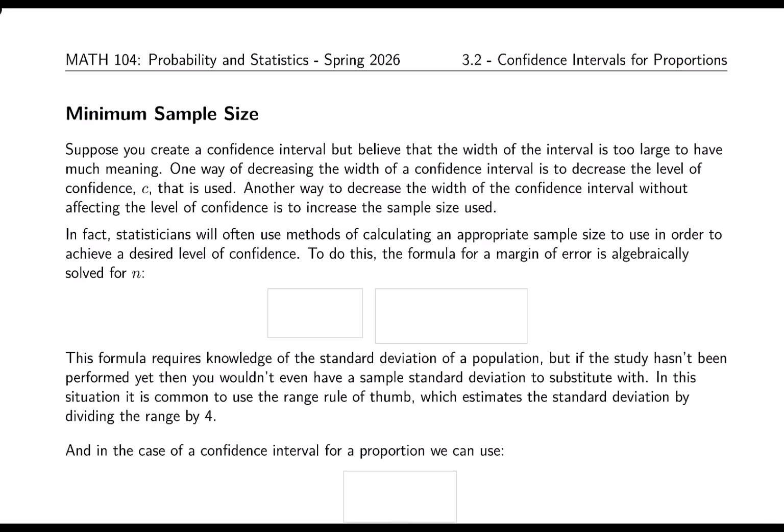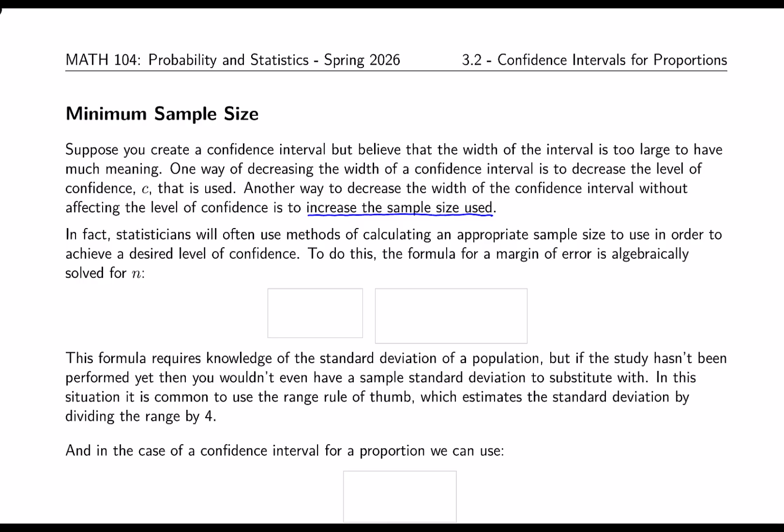Another way is to increase the sample size used. If you increase the sample size, that's also going to decrease the width of the confidence interval because the margin of error gets reduced, but it doesn't change the level of confidence. You stay at the same level of confidence.